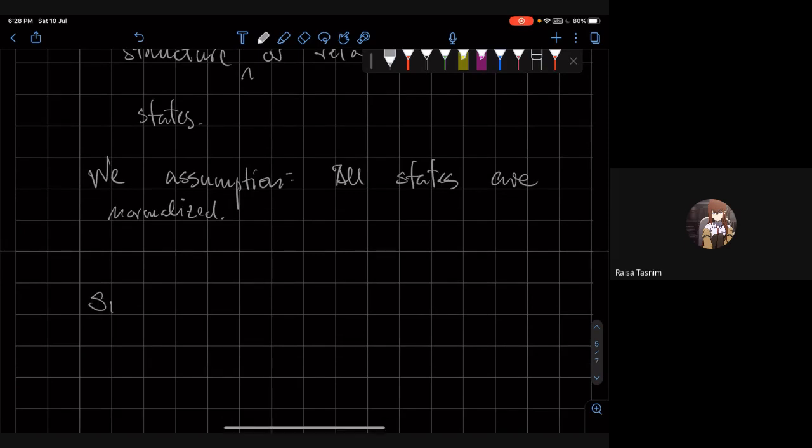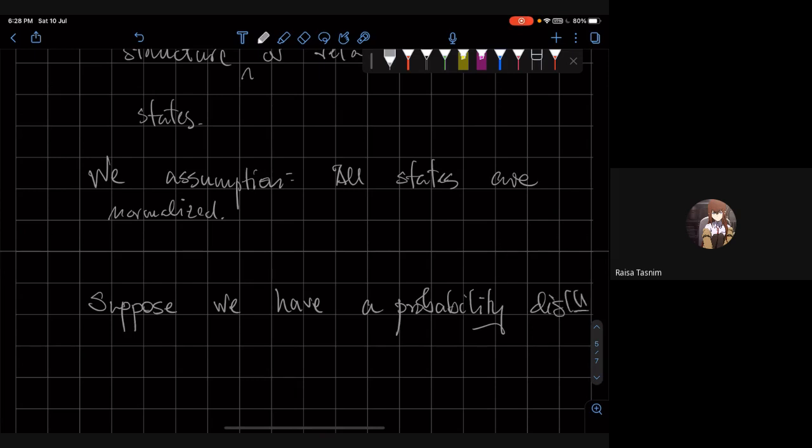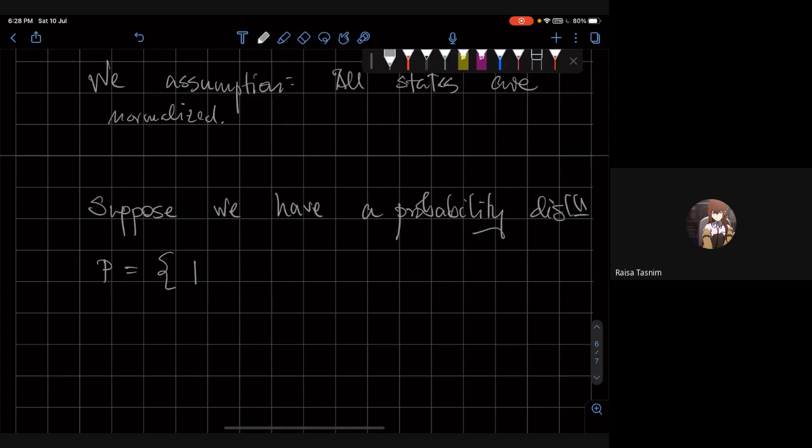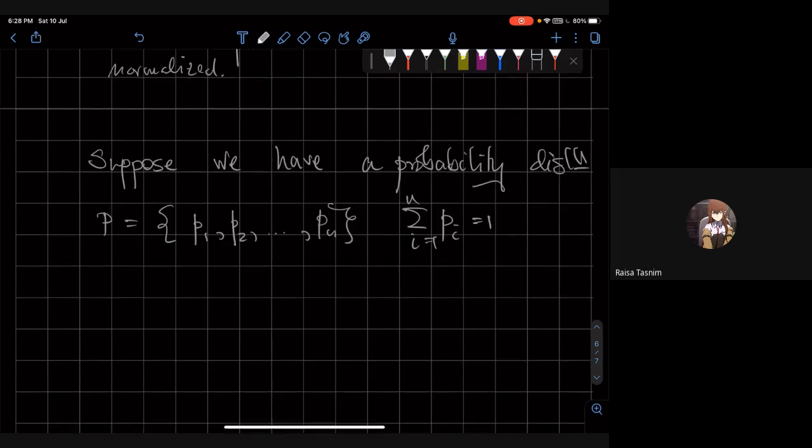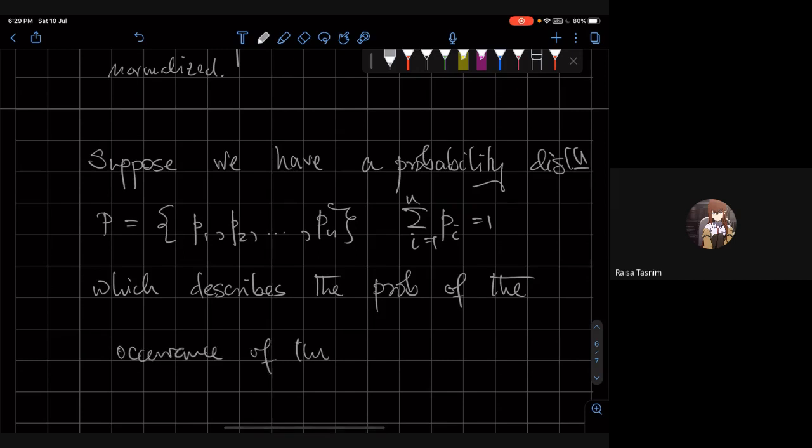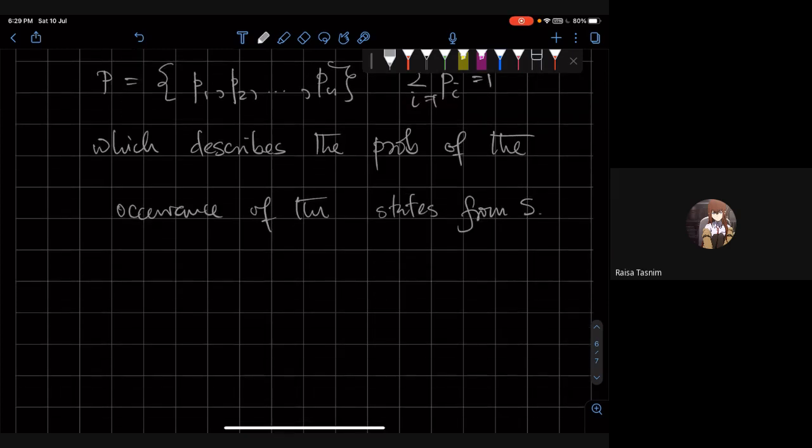Okay, now suppose we have a probability distribution P, P1, P2, ..., Pn, where the summation of Pi, i goes from 1 to n, is 1, which describes the probability of the occurrence of the states from S. So what I mean is, in some setting, suppose one of the states can appear.